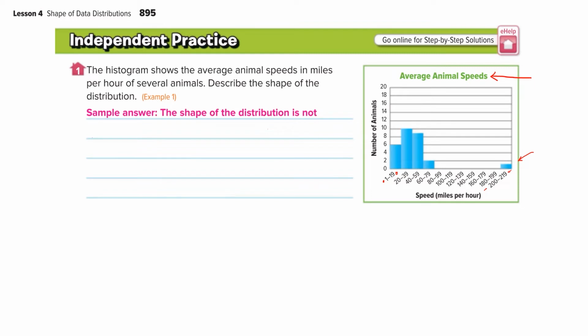The shape of the distribution is not symmetric. Notice that we cannot draw a vertical line anywhere where the left half and right half would be the same. The data is not symmetrical.